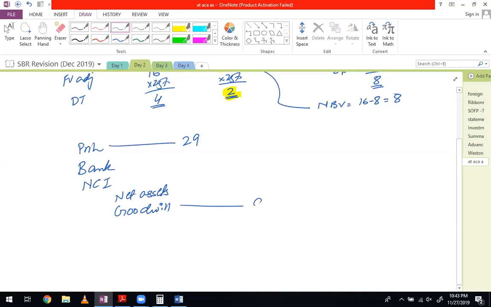And goodwill we know after impairment is 9. So if we get the value of the net assets and the NCI, we can simply calculate the balancing figure as the bank.